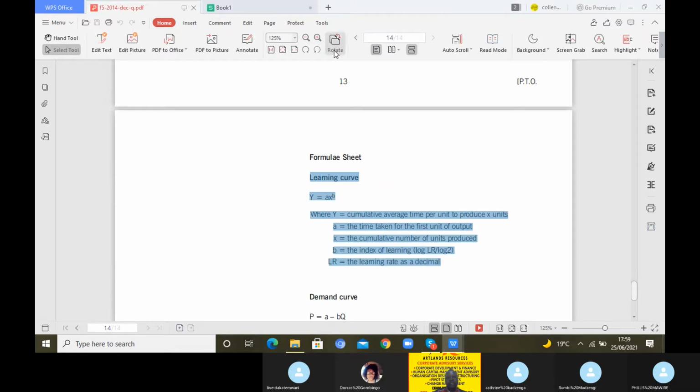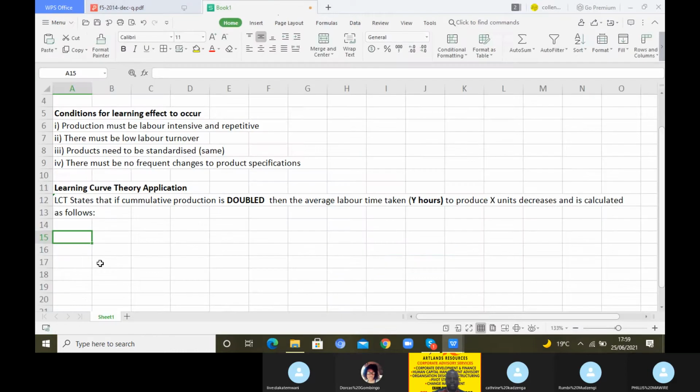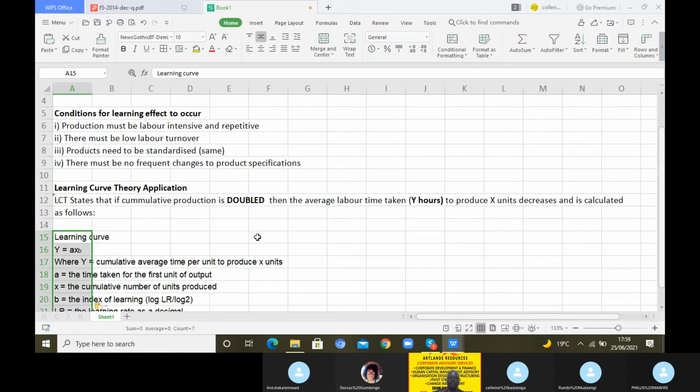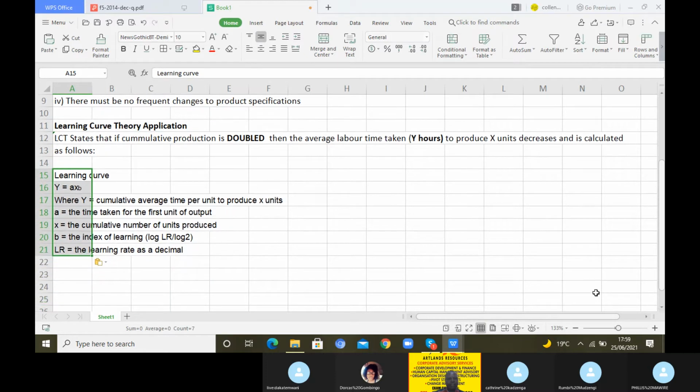So this is how it operates: Y equals AX to the power B, learning curve says Y equals AX to the power B, where Y is the cumulative average time.